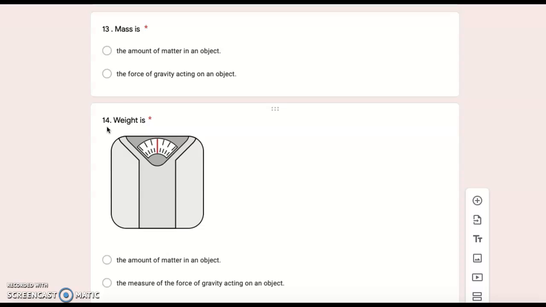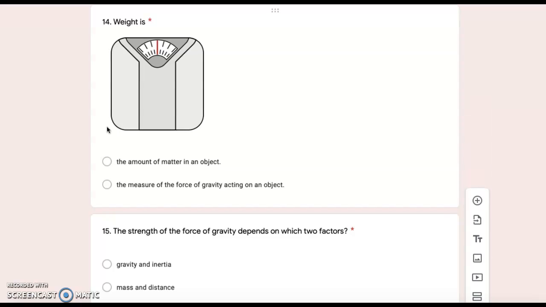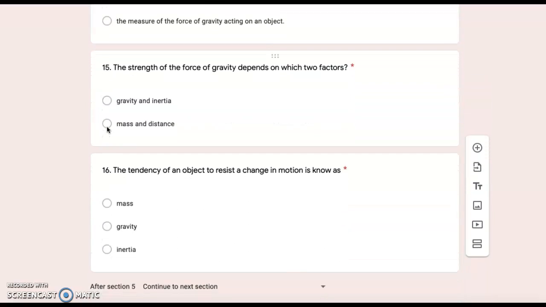Mass is the amount of matter in an object or the force of gravity acting on an object. 14. Weight is the amount of matter in an object or the measure of the force of gravity acting on an object.